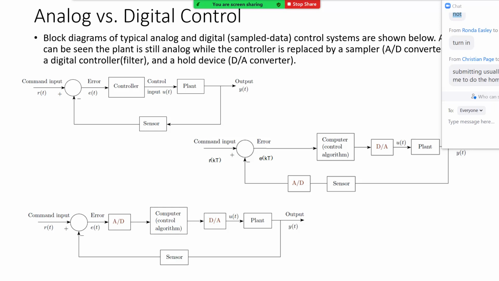Or I might not be able to tolerate an overshoot. I also want to make sure that the error signal in the steady state is as small as possible. So if I have a command input signal that is set at 5 volts, for instance, I want the output to be as close to 5 volts as possible.